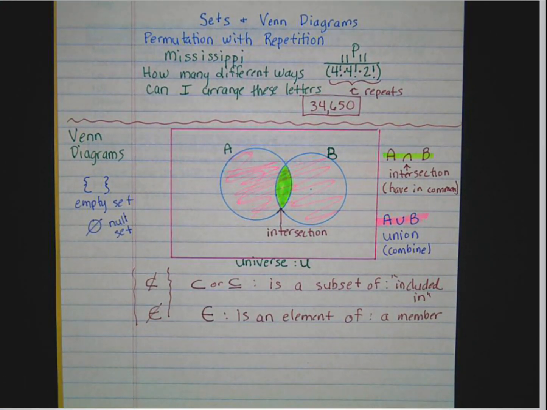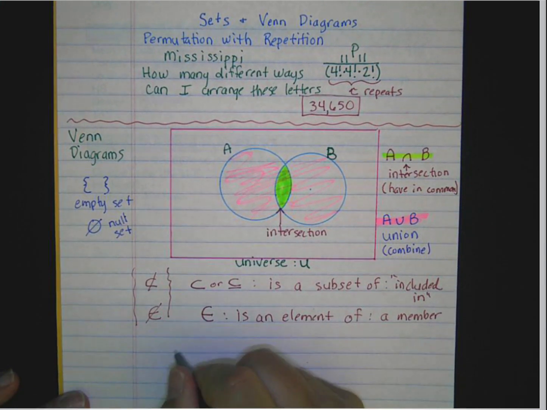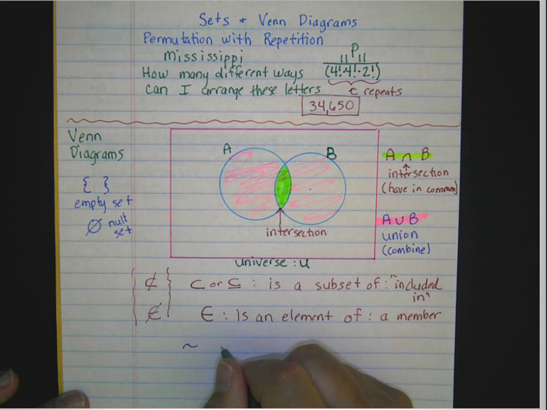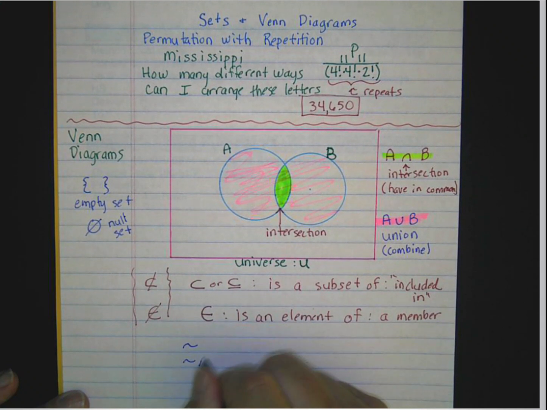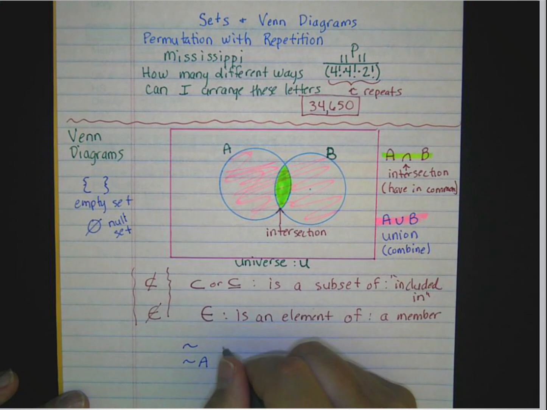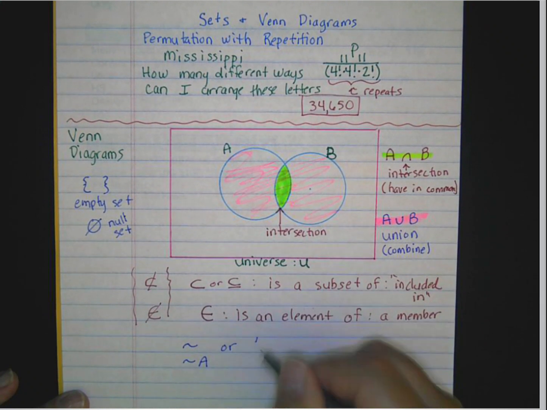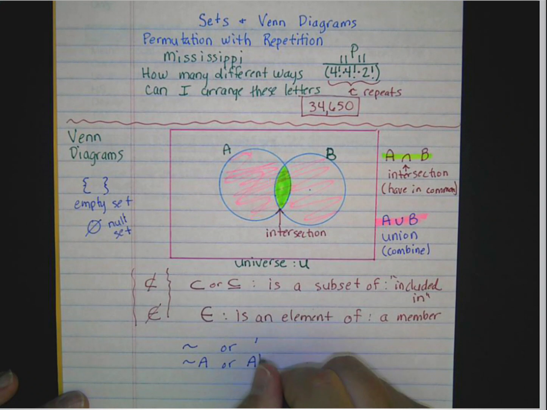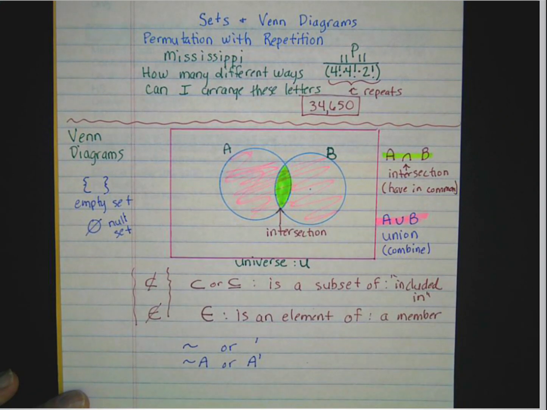All right? Now, you don't see much of this next thing anymore. This little squiggly right here, if that was in front of something like an A, that would mean not in set A. Nowadays you see the little tick mark. They call it the prime, so A prime, or A complement.